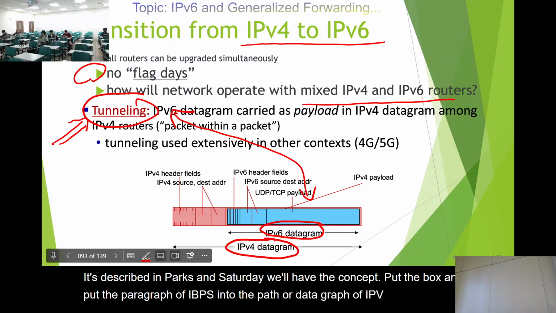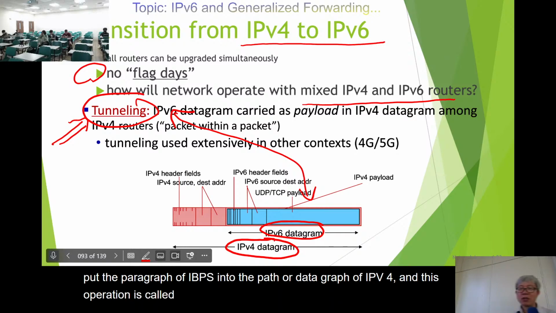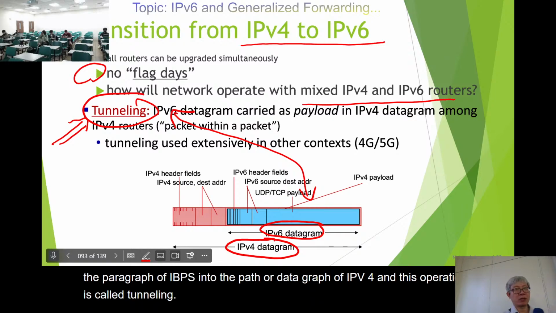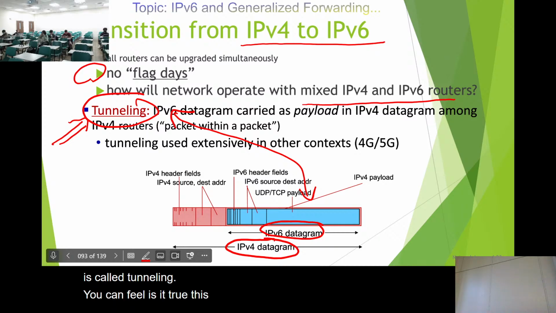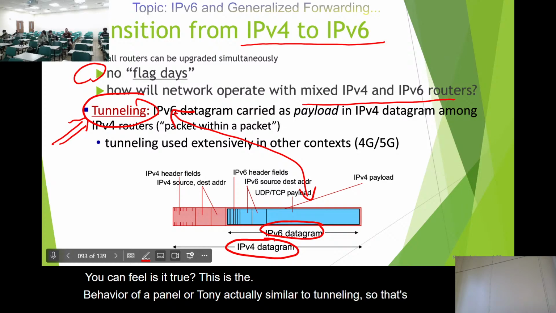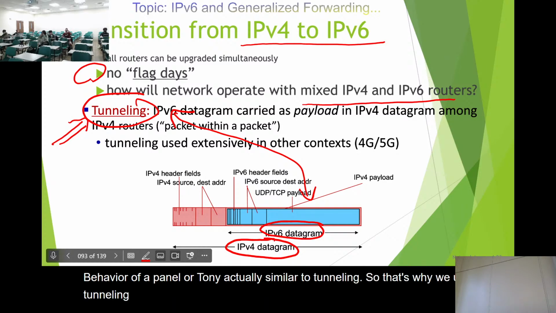And this operation is called tunneling. Well, you can feel it, is it true? This is the behavior of a tunnel, it is actually similar to tunneling. So that's why we use tunneling for the current technique.